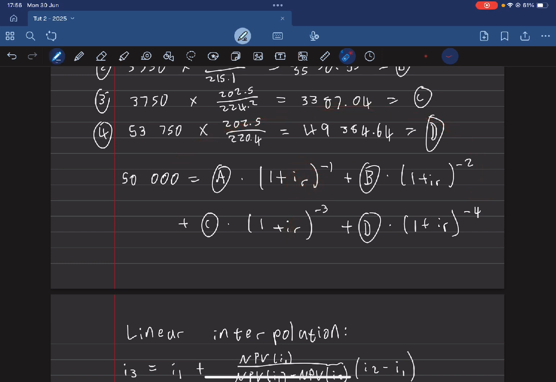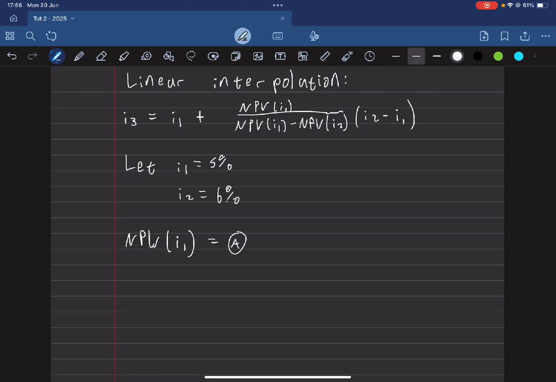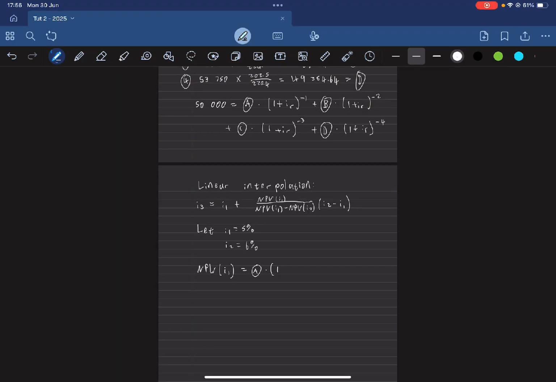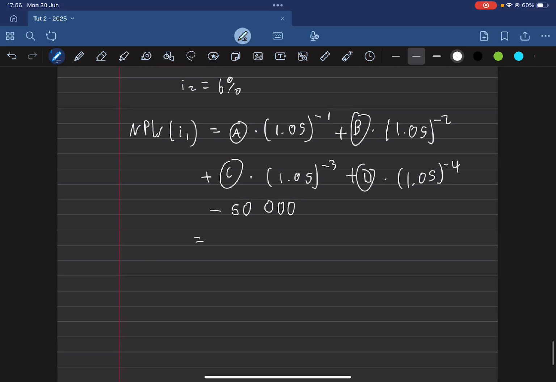So it's A times 1.05 to the negative 1, plus B times 1.05 to the negative 2, plus C times 1.05 to the negative 3, plus D times 1.05 to the negative 4, minus 50,000, because we're moving it across. If you sub that into your calculator, you should get 215.54, and we're going to save that as E for our future calculations.